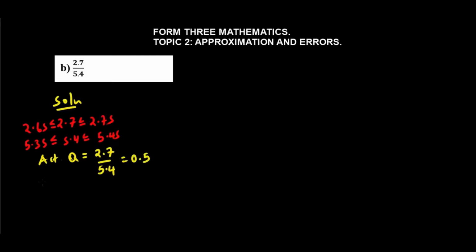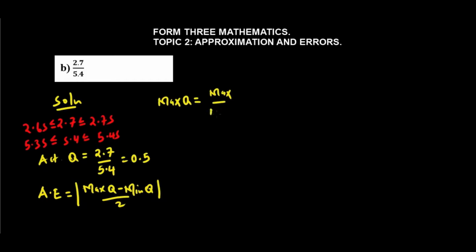Like before, we are going to determine the absolute error first, which in this case will be the maximum quotient minus minimum quotient all over 2, and for that reason the maximum quotient is obtained as the maximum of the numerator over the minimum value of the denominator.